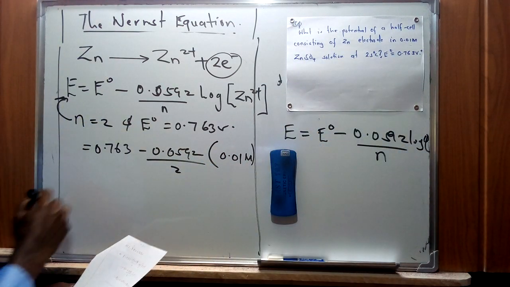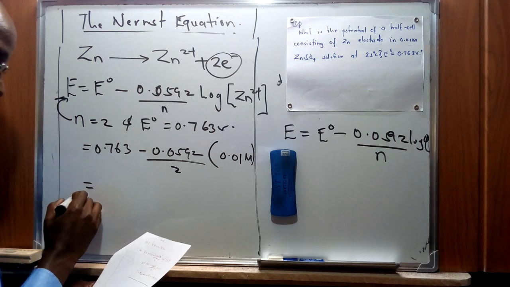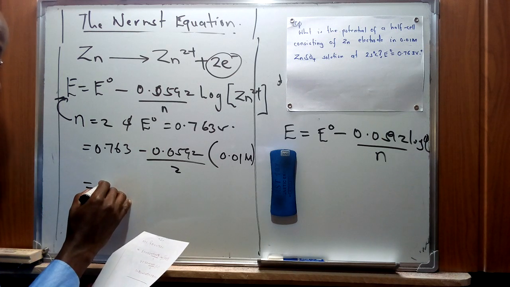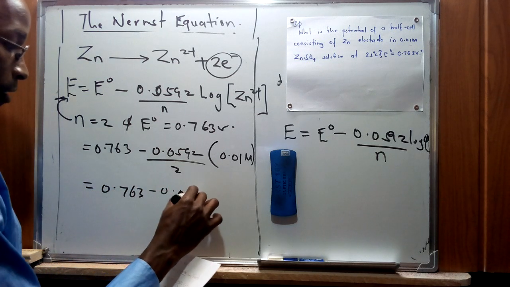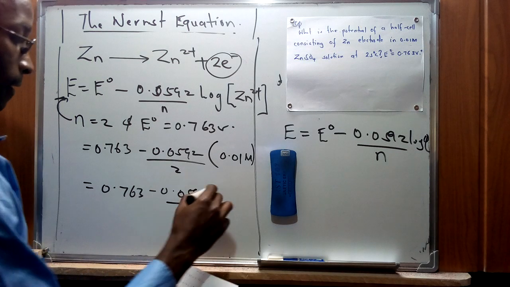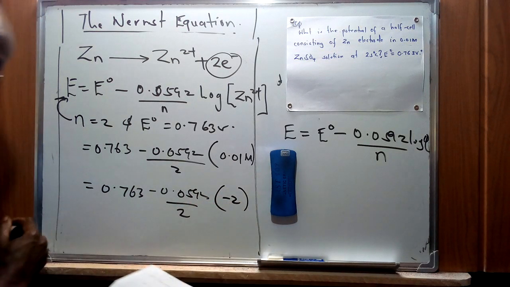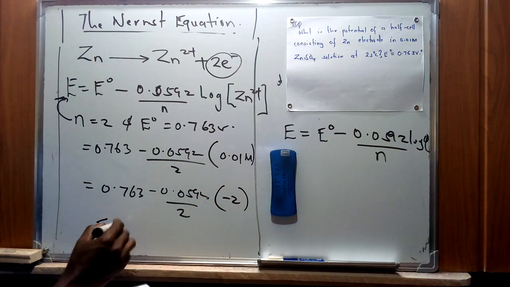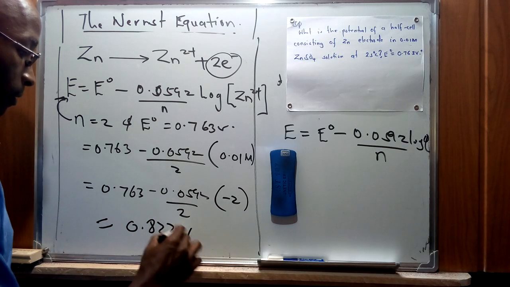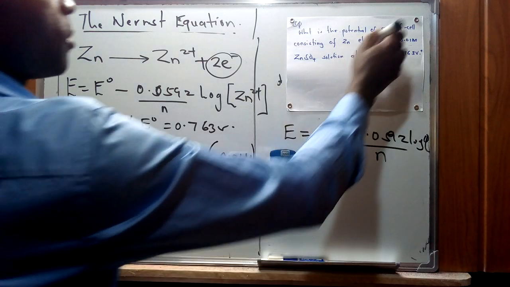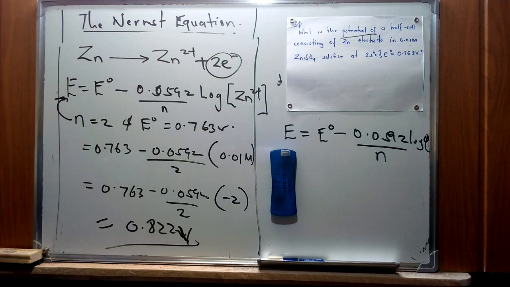So this is going to reduce to 0.763 minus 0.0592 over 2 times negative 2. So basically this is going to give us 0.822 volts as the potential of the half cell consisting of zinc electrode in 0.01 molar zinc sulfate solution at that specific temperature.